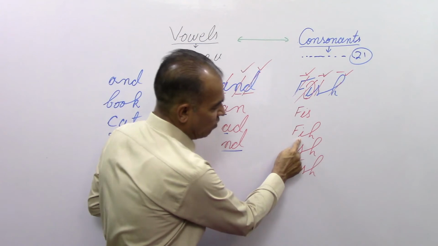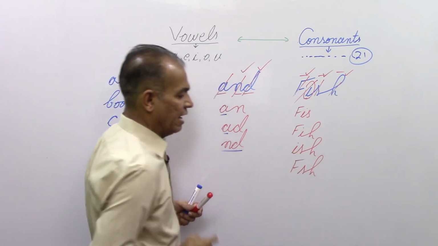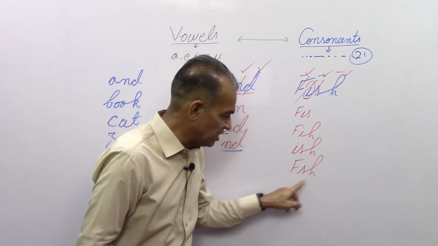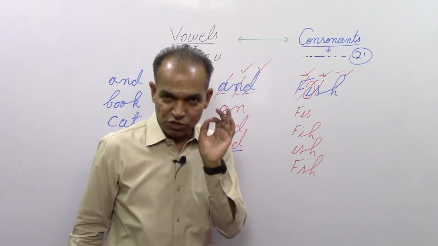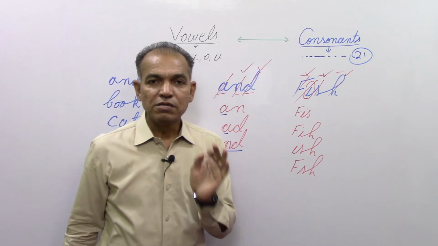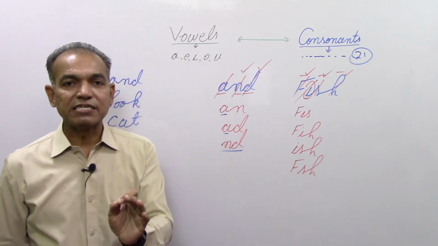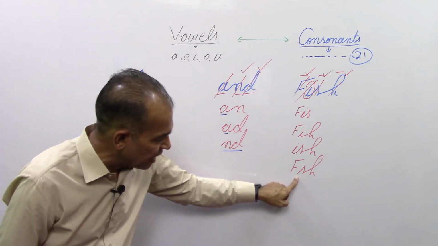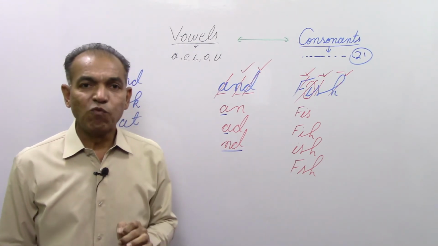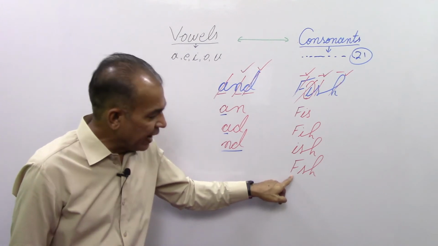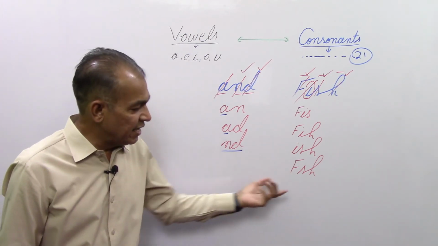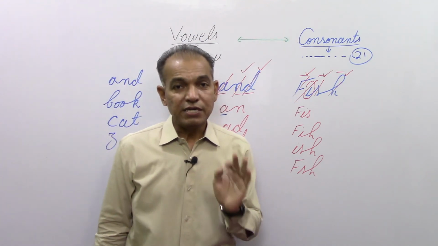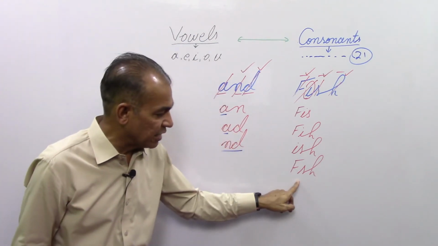Here we had no vowel, F, S, H. Now if I ask you to read these 3 letters as a word and to produce some sound, you will try your level best, but you will not be able to produce any sound. Why? Because it does not have even a single vowel. So you can read them F, S, H, but you cannot read these 3 letters as a complete word, and you will not be able to produce any sound.